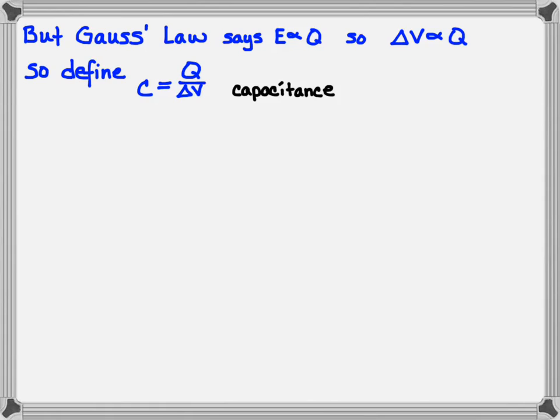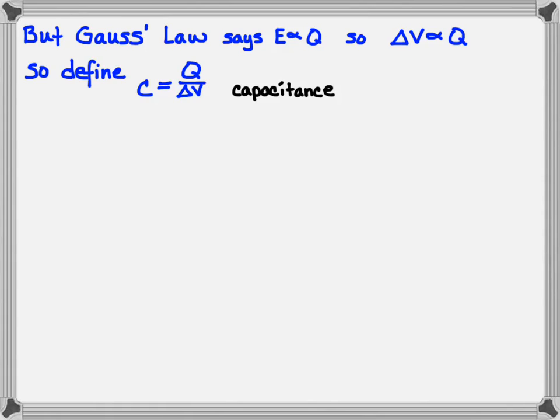But Gauss's law tells us that the electric field is proportional to Q. Electric field is proportional to the charge. If I increase the charge, I increase the electric field. So if I double Q, I also double E. So that also means that the potential difference is going to be proportionate to the Q.